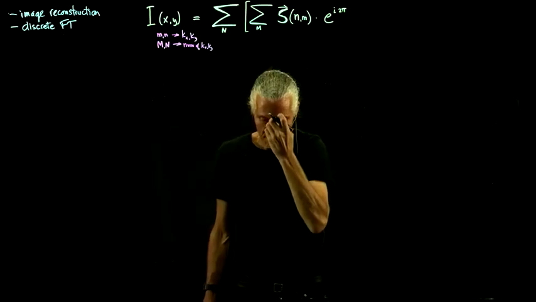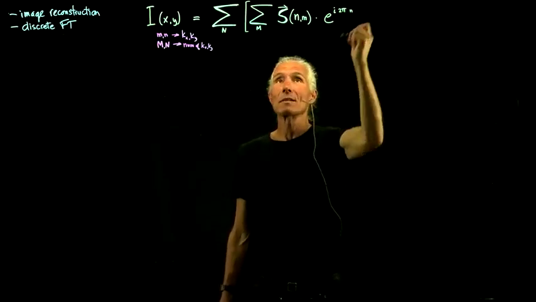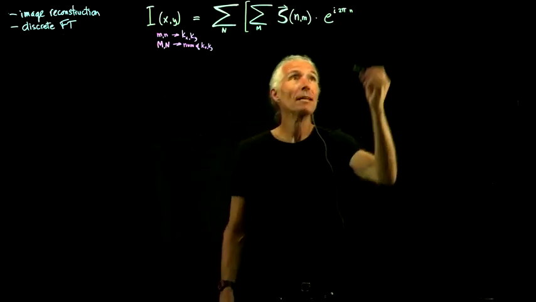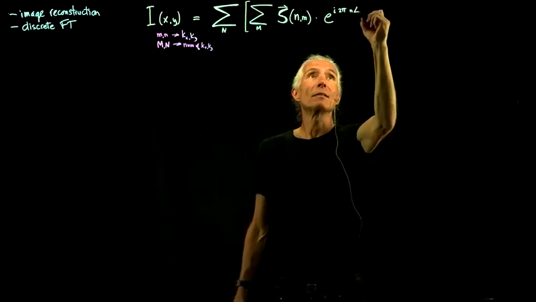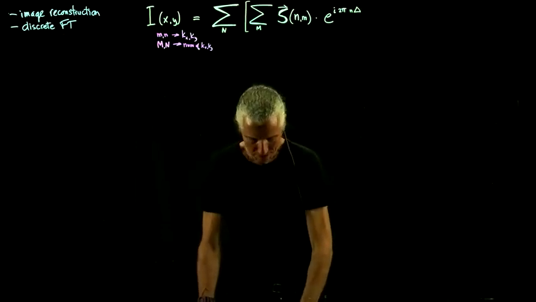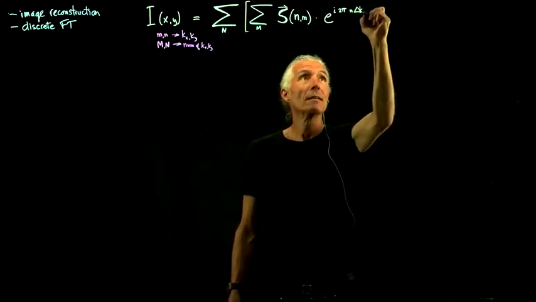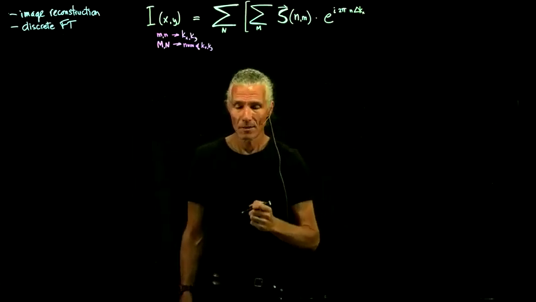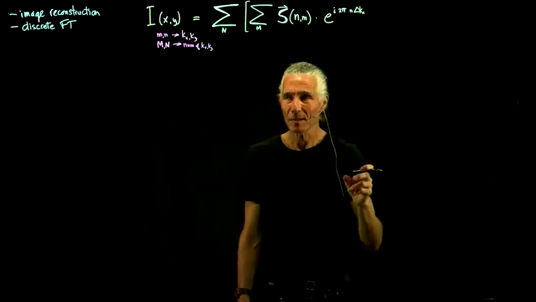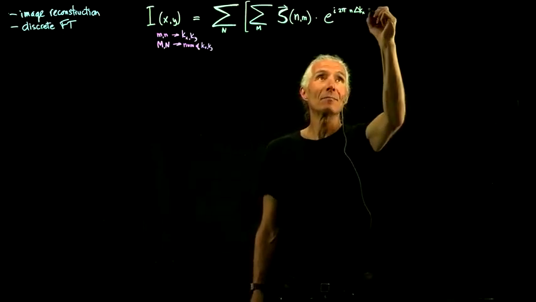Now we've got some additional complexity. We got n here, which means whatever the current integer value of n is. And then we have another thing, which is delta kx. So that's the spacing in spatial frequency space to our next sample. And then times x.